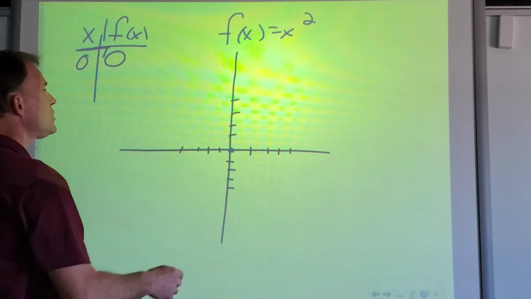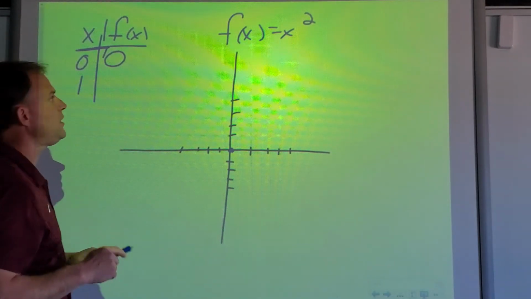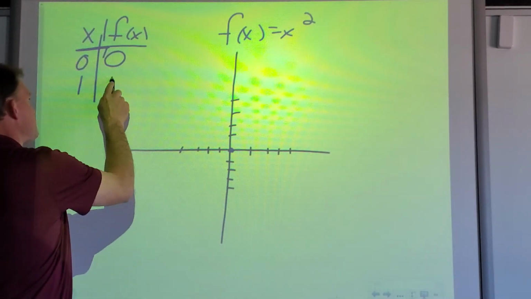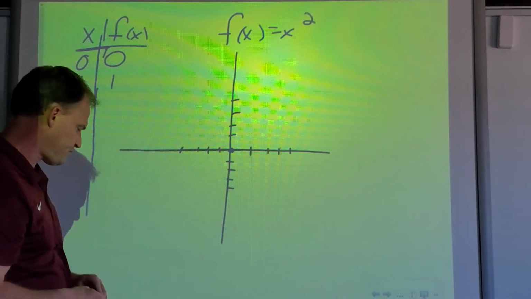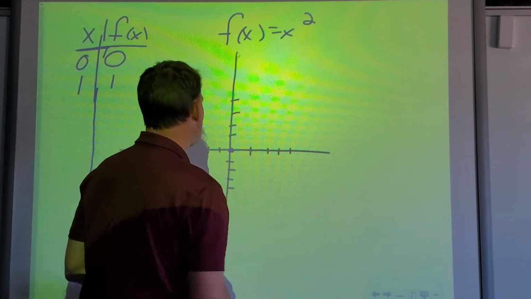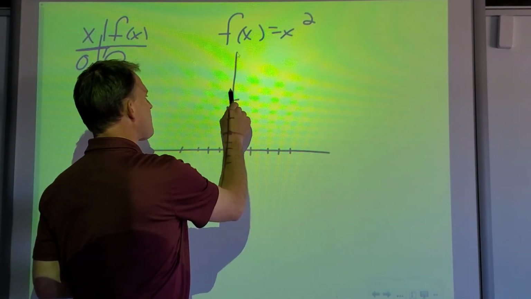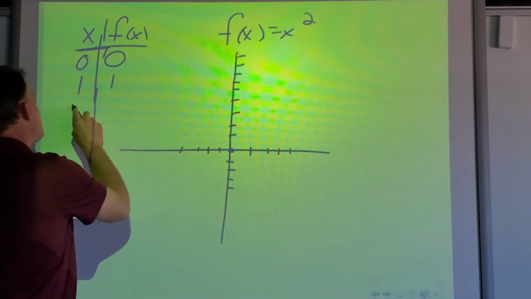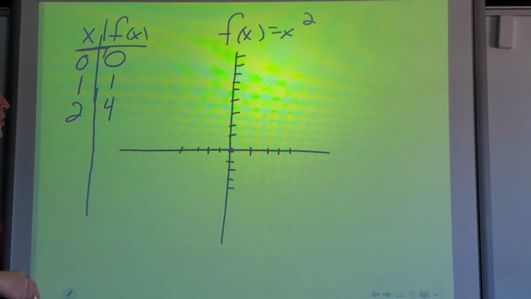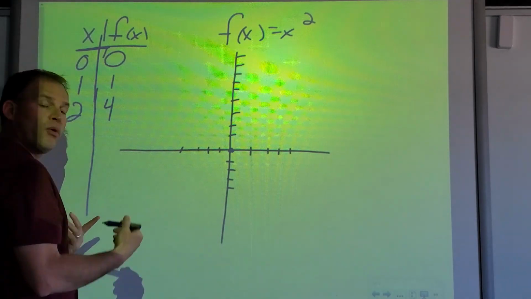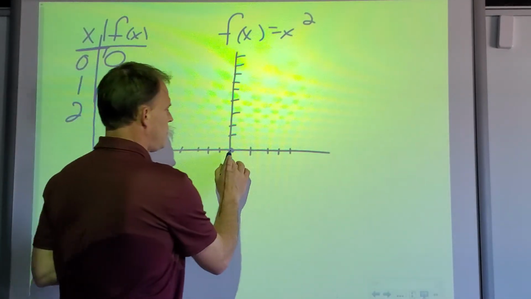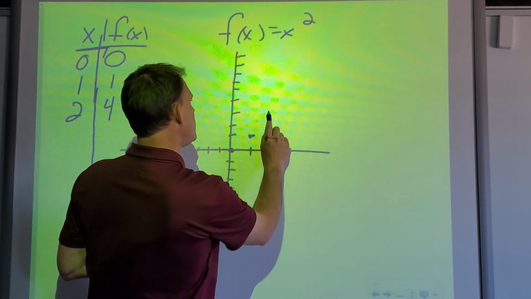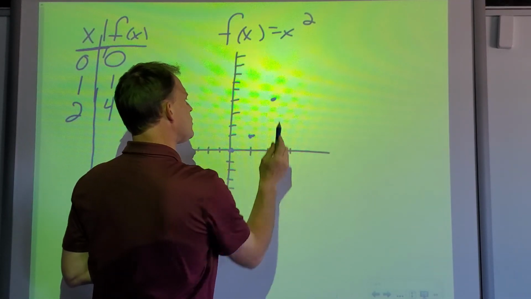What is 1? If I input 1, what is 1 squared? Sure. What is 2 squared? Get 4. So if I look at these points on the graph, and this isn't a great graph, if I go 1, 1, I'm right here. And if I go 2, 4, I'm up here.